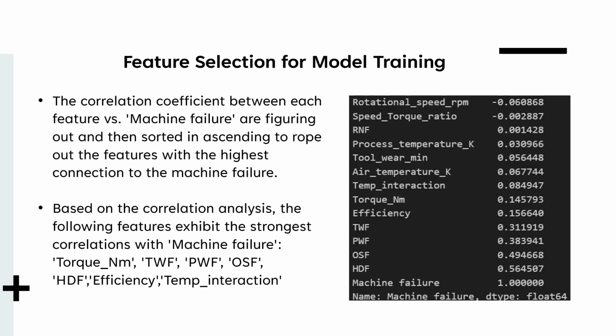I have sorted the correlation coefficient between each feature and the machine failure in ascending order. Based on the analysis, the following features exhibit the strongest correlation with the machine failure: the torque, tool wear failure, power failure, overstrain failure, heat dissipation failure, efficiency, and the temperature interaction.